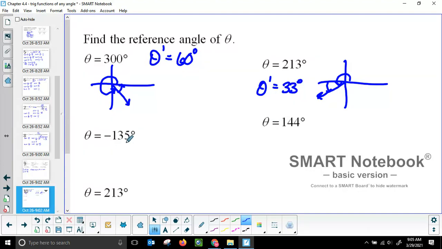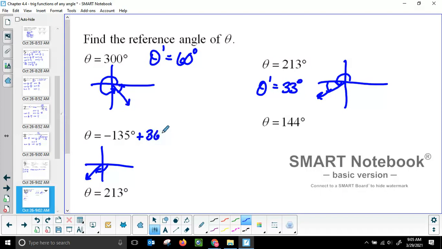All right, negative 135. There's a couple of ways that you can think about this. Negative 135 would be over here somewhere, we're just going in the negative direction. Now if you don't like negative 135, just find a coterminal angle.